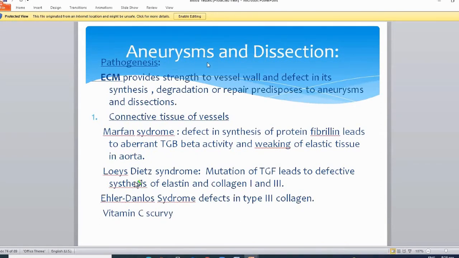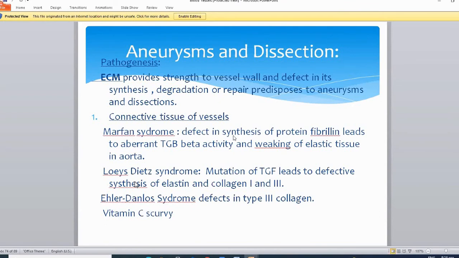What is the pathogenesis of aneurysm and dissection? As we know, the vessel is strengthened by extracellular matrix like collagen and proteoglycans, and anything which degrades this or causes deficiency or defective repair of this will lead to weakening of the vessel wall. For example, the connective tissue of the vessel is defective in Marfan syndrome, Loeys-Dietz syndrome, and Ehlers-Danlos syndrome.